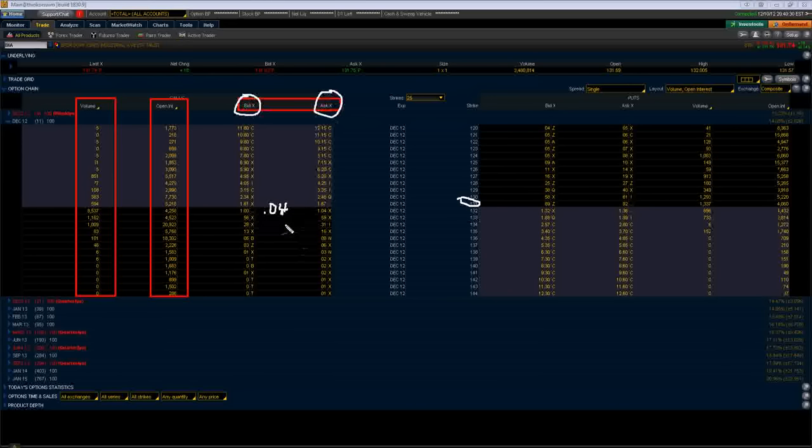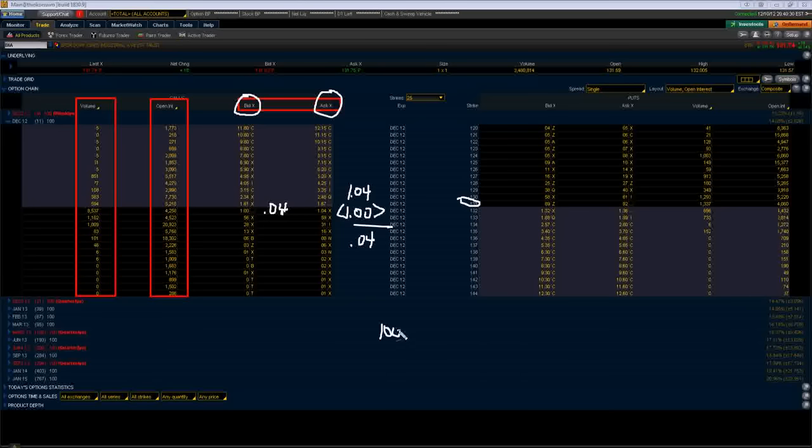So if you were to buy it at the natural, $1.04, that would be the price you would pay for it plus commissions. And then you said, oops, I didn't mean to do that. Let me sell it. You would sell it at $1. And then you would be underwater by 4 cents, or $4 per contract, because option contracts are quoted in 100s.